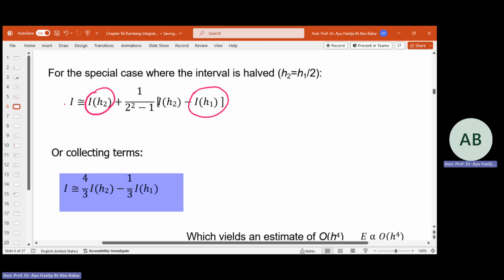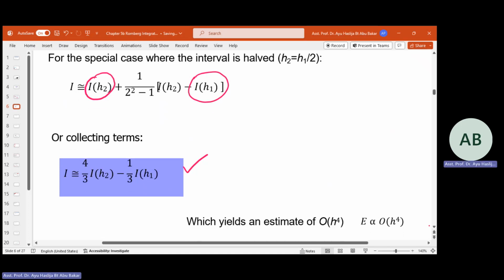Combine both integrations, then you will have this final equation. When we combine, one time combine, the level of integration is O(h^4).